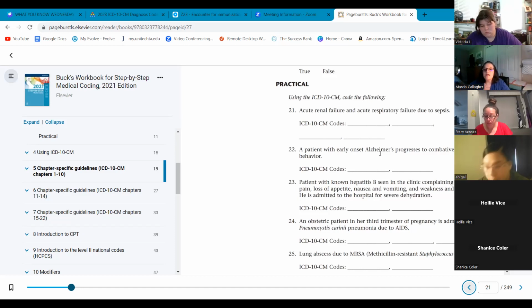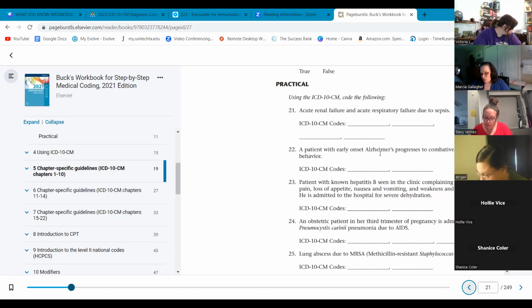I'm sorry, say that one more time. I don't think that's right. I think the code is F02.81. That's what I think. Okay, and can you tell me why it's 81 instead of 80? Because when you go down the second one, it says dementia and other diseases classified elsewhere with combative behavior.